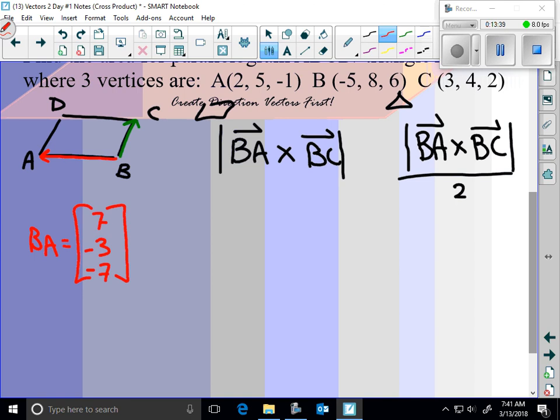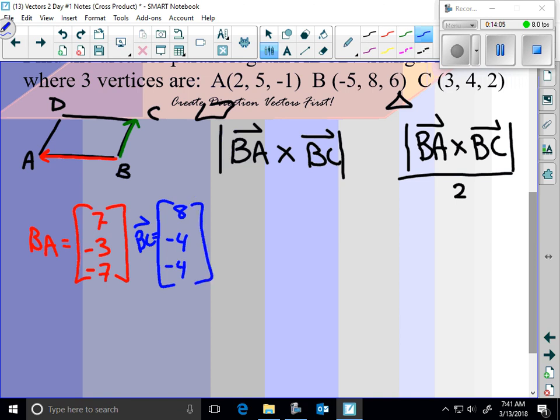Let's do the same thing for BC. All points of C minus all points of B, component specific. 3 minus a negative 5 is 8. 4 minus 8 is negative 4. 2 minus 6 is negative 4.